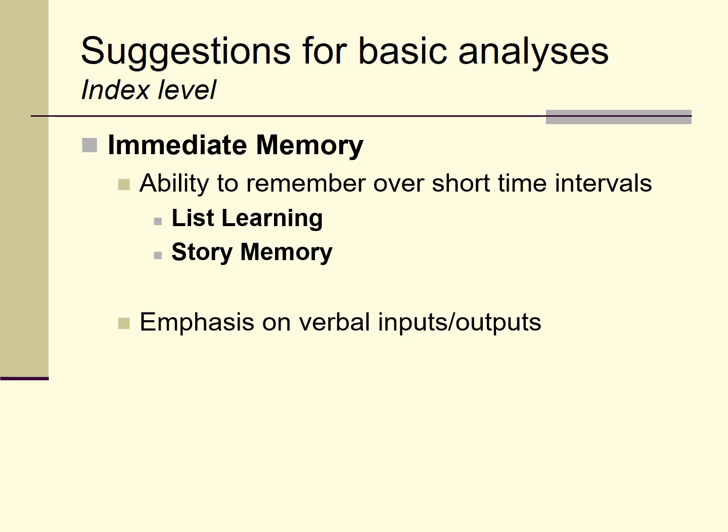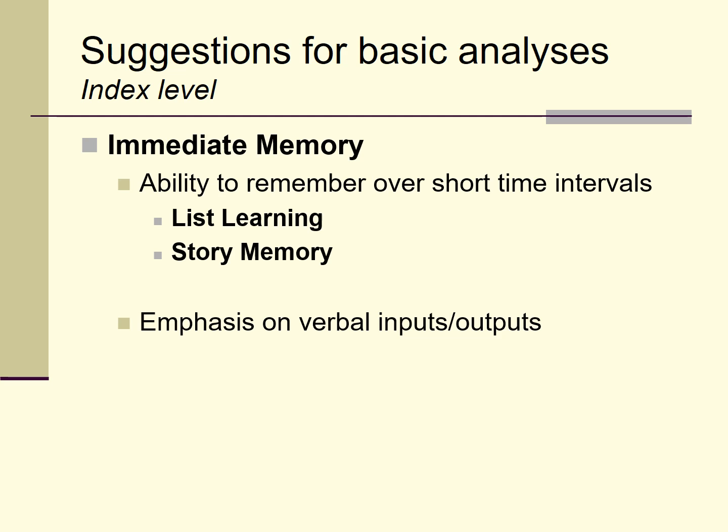First index is immediate memory. And this is, as you might well guess, the ability to remember information over very short intervals of time. There are two subtests on the RBANS that contribute to this index. The list learning subtest, which is more or less what you guess if you've never seen it before, and a story memory subtest, which involves reading a story to a person and having them repeat back different elements of the story.